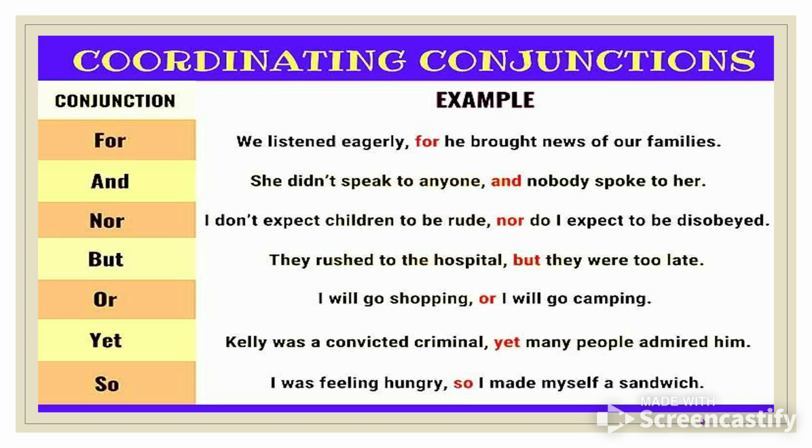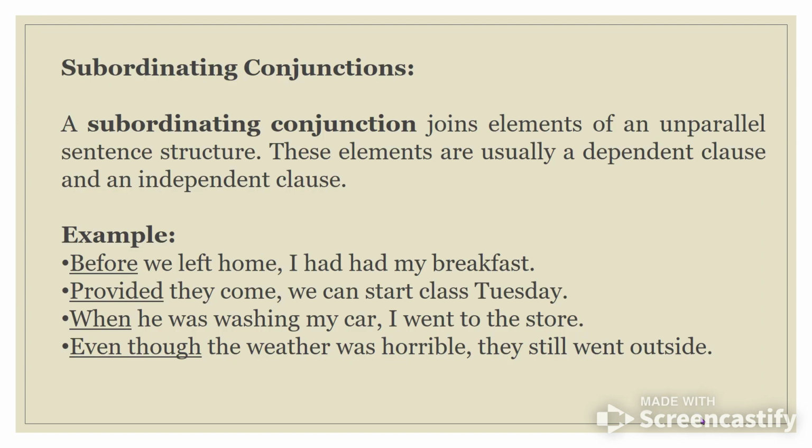Next word is but: they rushed to the hospital but they were too late. Or: I will go shopping or I will go camping. Yet: Kelly was a convicted criminal, yet many people admired him. And the last word is so: I was feeling hungry, so I made myself a sandwich.